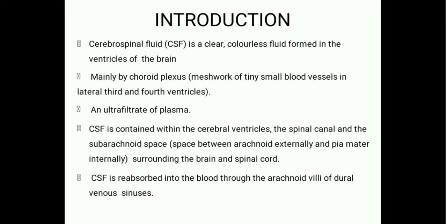CSF is contained within the cerebral ventricles, the spinal canal, and the subarachnoid spaces surrounding the brain and spinal cord. CSF is reabsorbed into blood through the arachnoid villi of the dural venous sinuses.